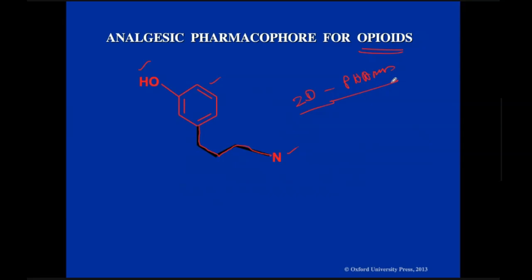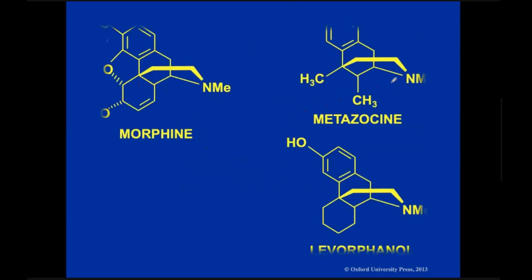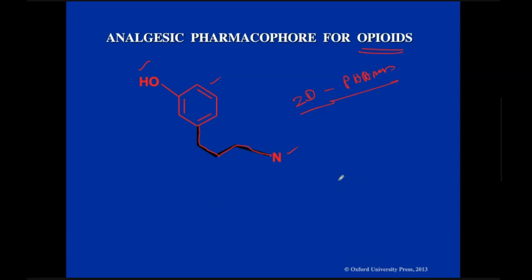Yes, sir. Moving further, here we have other derivatives of morphine. If you look at the structure of morphine and metazocine, we can see that there is some structural similarity. Similarly, if you look at morphine and levorphanol, there is a structural similarity. In the previous slide, I showed which functional groups are important and the skeleton of the important functional groups.